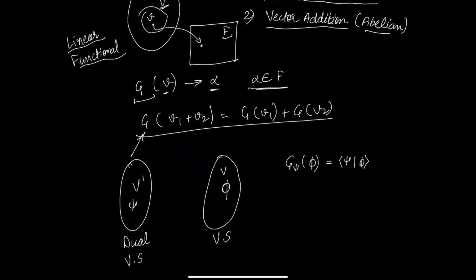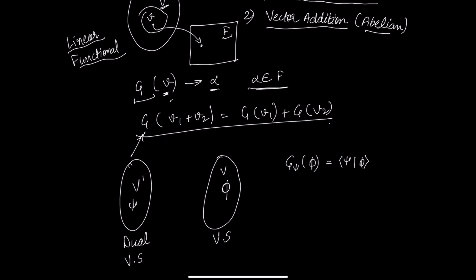By linear I mean that if this v could be represented as a sum v1 plus v2, then this can be broken down into this format.